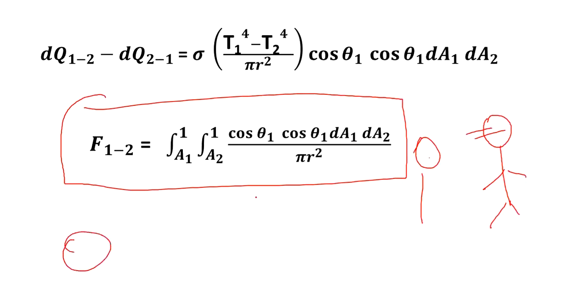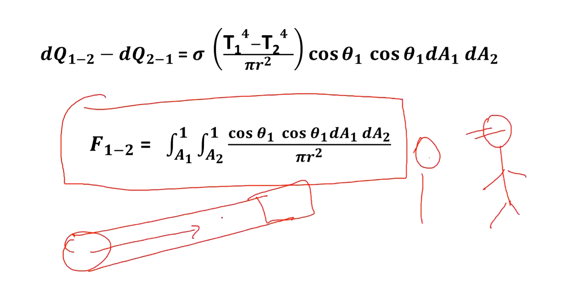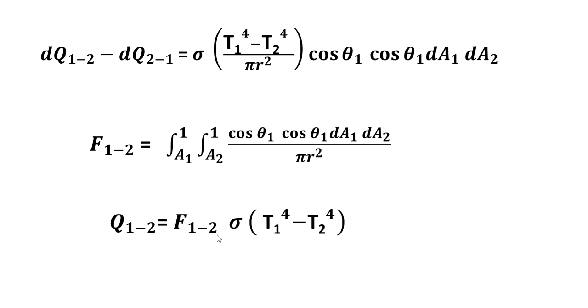Whatever the heat energy from one body to another body, this is the relation from 1 to 2, with the angle of orientation, the distance between them, and the area of the body. Here the area of the body is considered for your shape factor from 1 to 2. This is the constant, which is called the shape factor, F1 to 2. Therefore, Q is F1 to 2 into sigma times T1 power 4 minus T2 power 4.